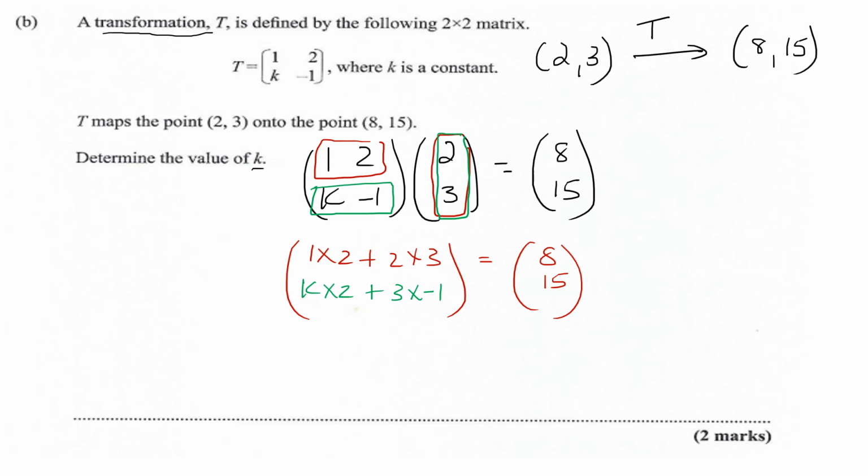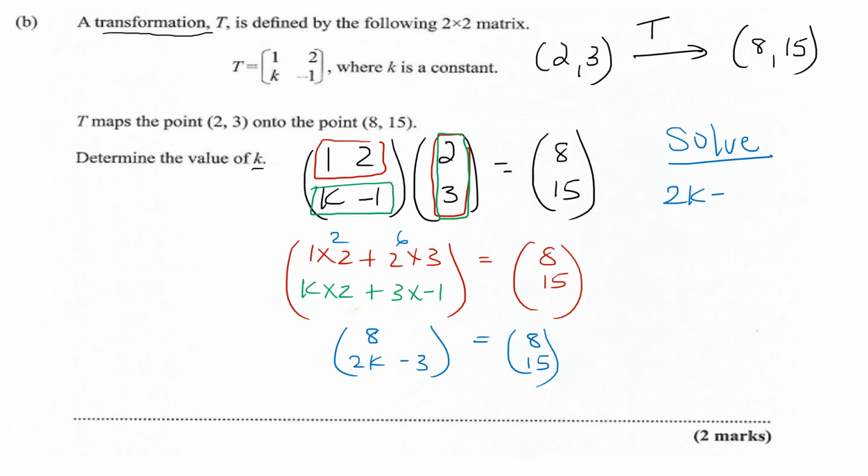Here, that's 2 plus 6, so that's 8. We'll get 2k minus 3 equals 8, 15.